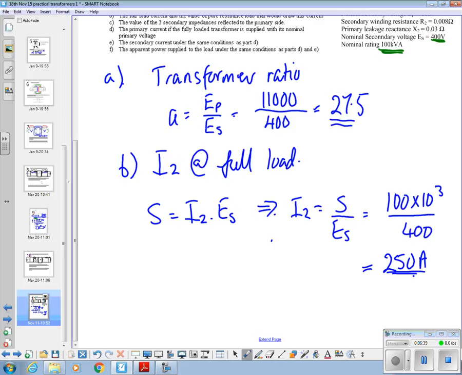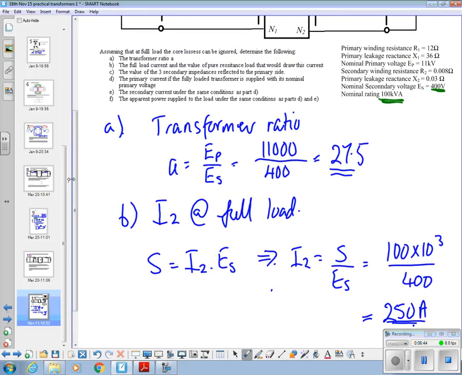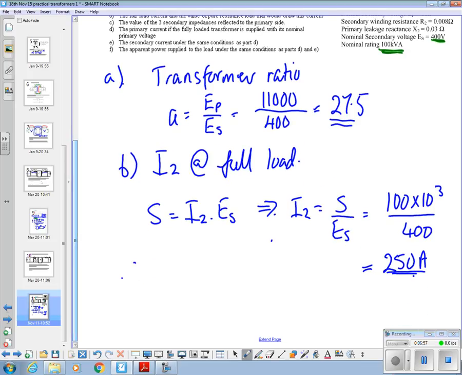But the question didn't say that. It says find full load current and the value of per resistance load that would draw this current. So therefore, RL, how are we going to find that? We've got a current now, we've got the current going through it.